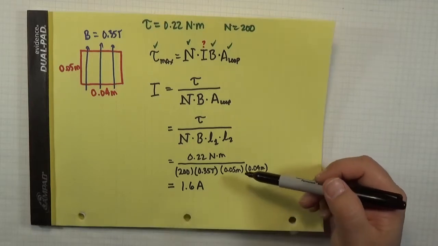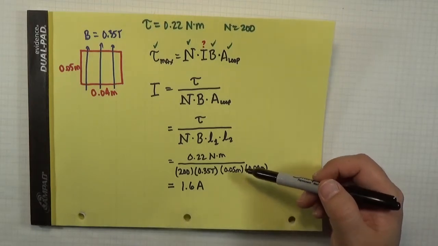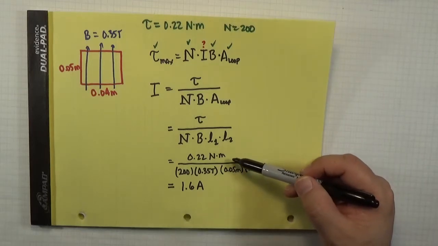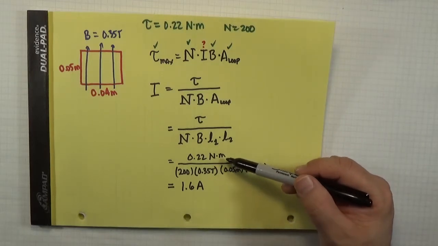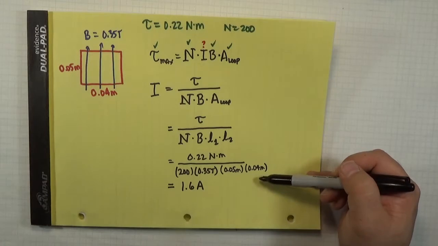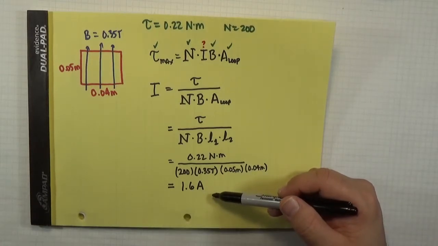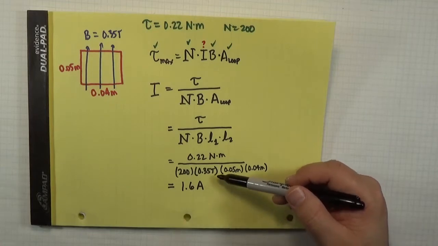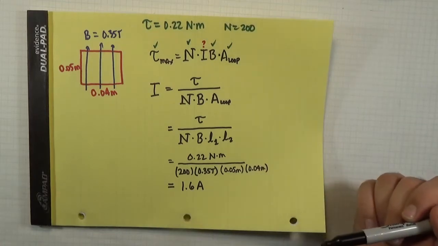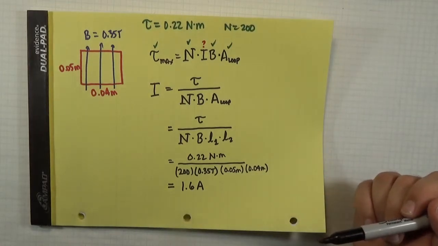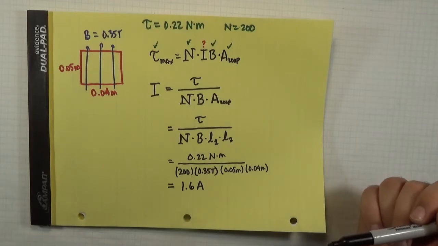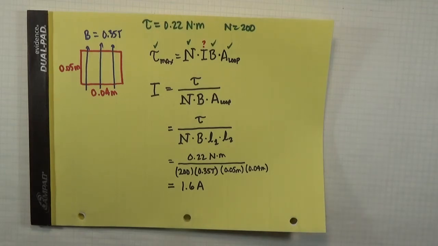The reason I'm playing it fast and loose is that I'm confident, because I'm working in pure SI units, newtons and meters, and I got rid of my centimeters early on, that the answer is going to come out in the correct SI unit. But this is a good exercise for you. You should go in and put in those substitutions and confirm for yourself that indeed you do get amps out at the end. So that's a good example of a torque problem.